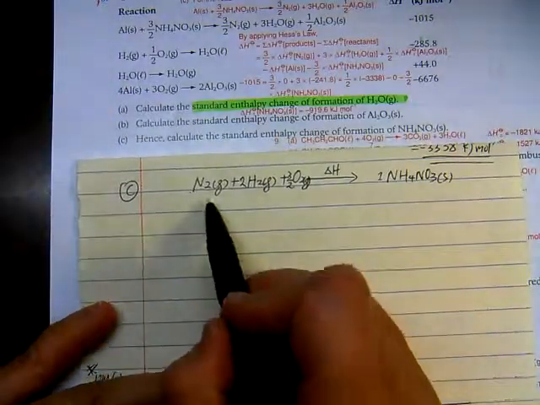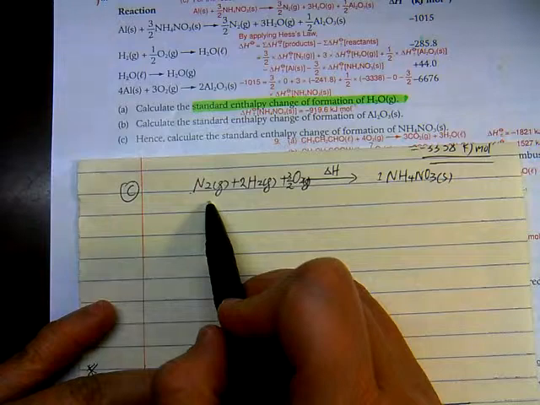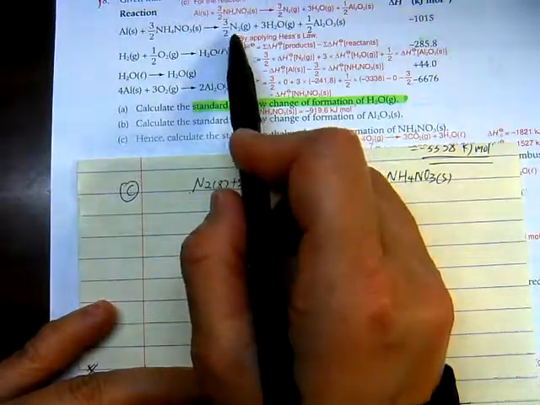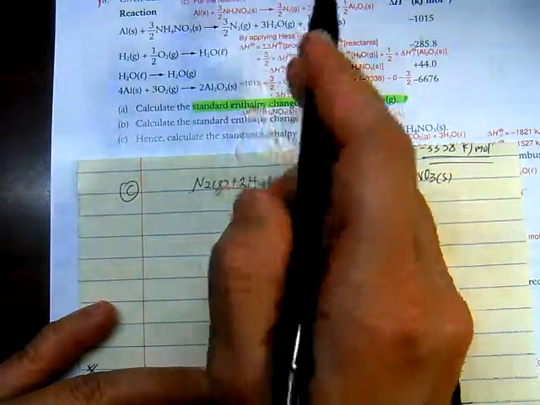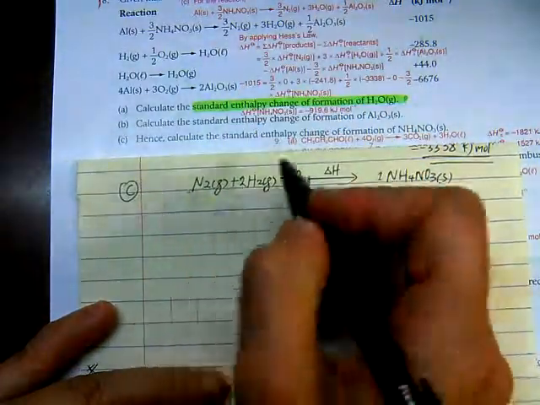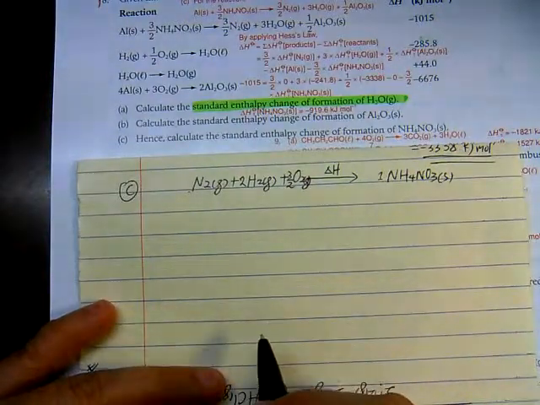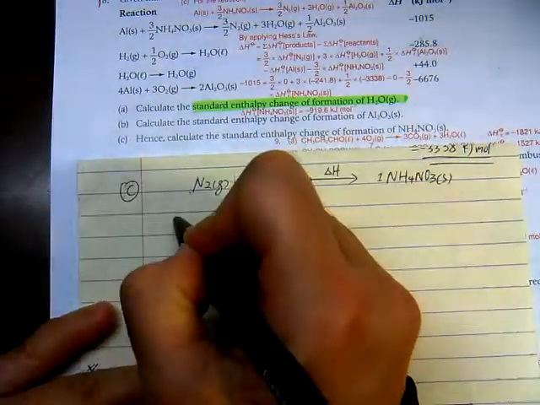First of all, we need N2 on the reactant side. Look at the first one. We have N2, but it is on the product side. So obviously, we need to reverse the first equation and multiply it, maybe I reverse first.